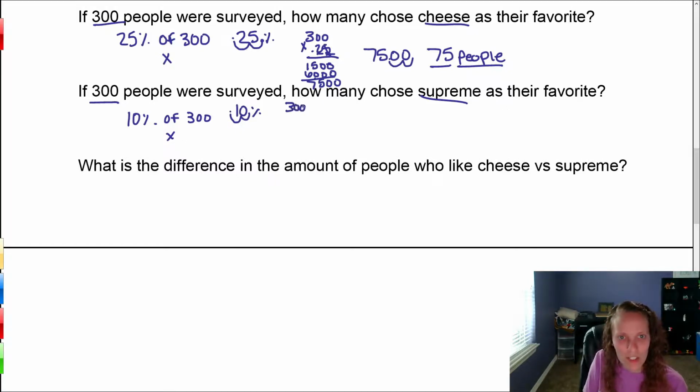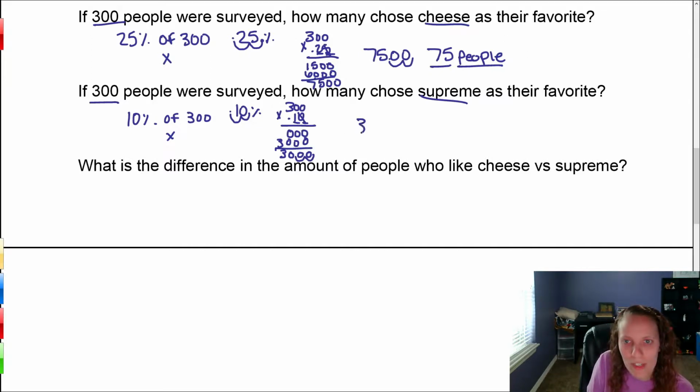So now we're going to take 300 and multiply that by 0.10. Well, 0 times any number is just 0. We're going to add a 0 because now we're on to the next number. 0 times those 2 zeros is just 0, and then 1 times 3 is 3. So we have this number 3000. Now, there are 2 numbers after the decimal in our work, so we can count over twice, and so this would be 30 people chose Supreme.